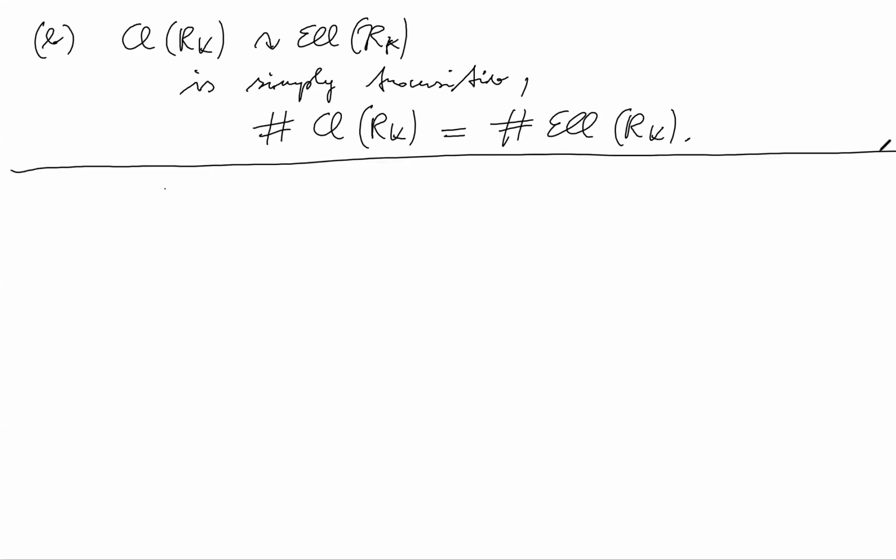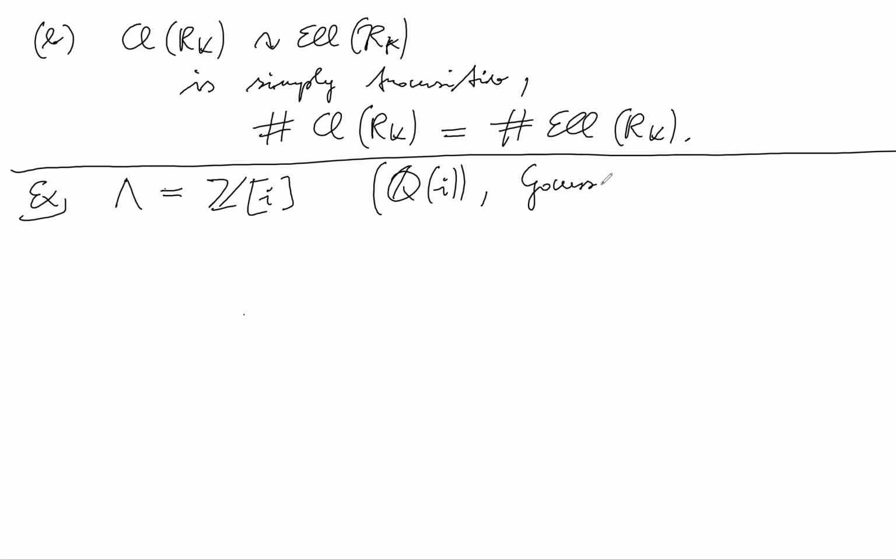Now, let's consider some examples maybe. Let's start with the one we already saw, the lattice generated by 1 and i. So let's look at lambda, which is just Z[i]. Right, and we saw this is just a ring of integers. I guess people call them the Gaussian integers. Then the endomorphism ring attached to the curve E_lambda is simply that, by the propositions we saw earlier.